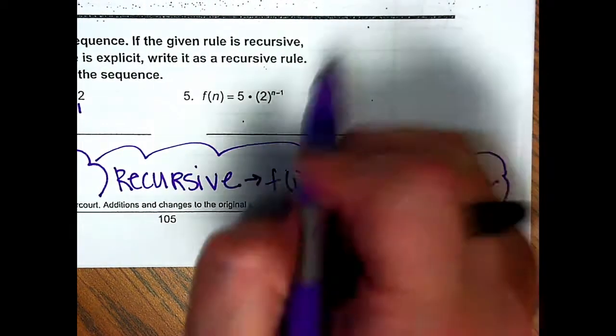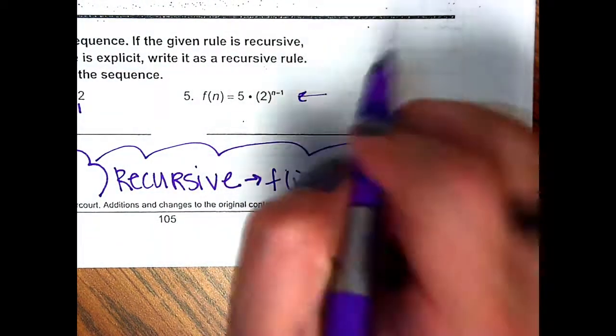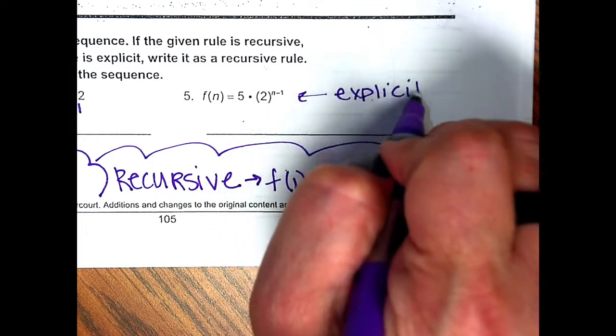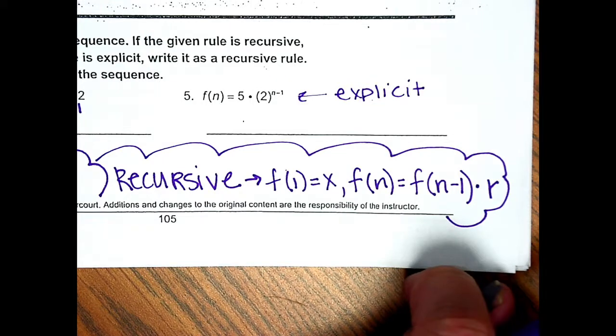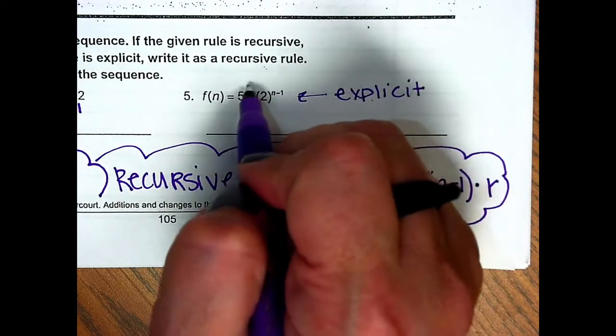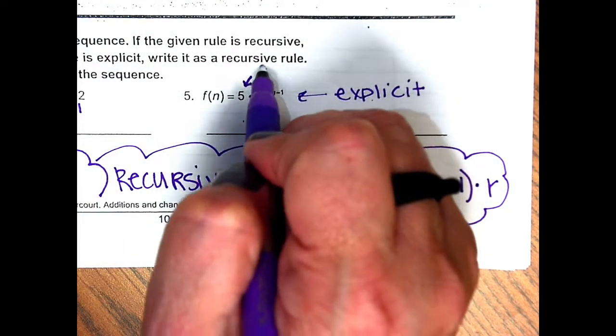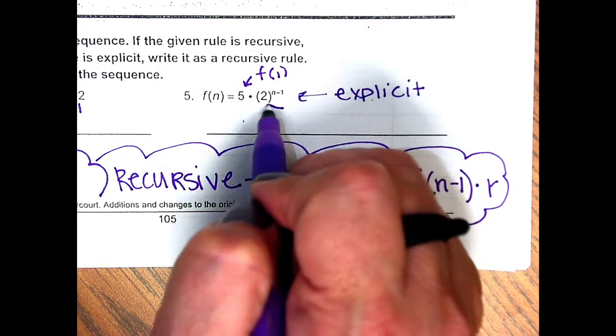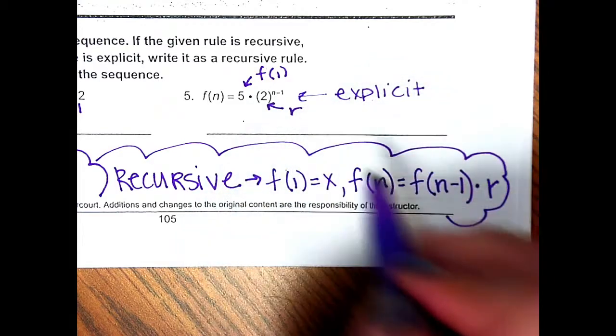Number 5 is an explicit rule, so I'm going to use that to write the recursive. In an explicit rule, this first number is f of 1, and this 2 would be the r.